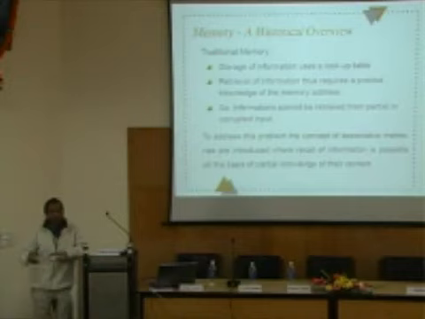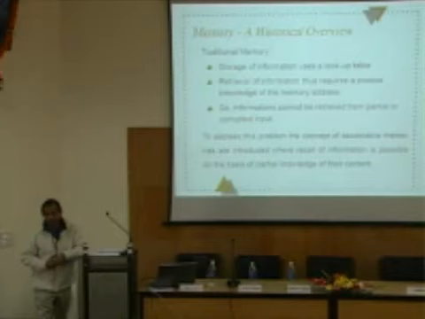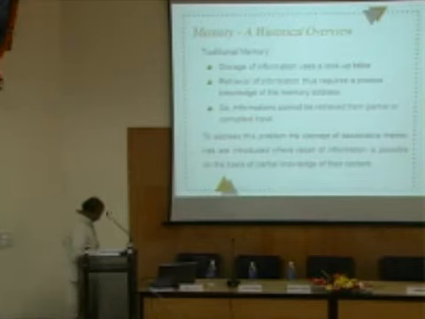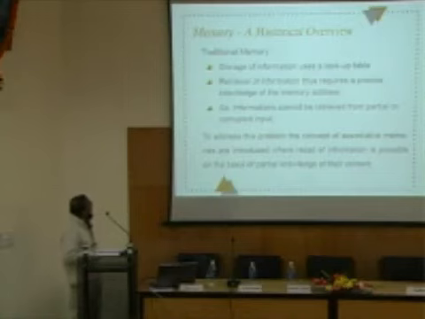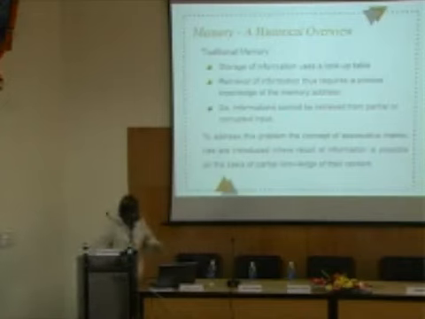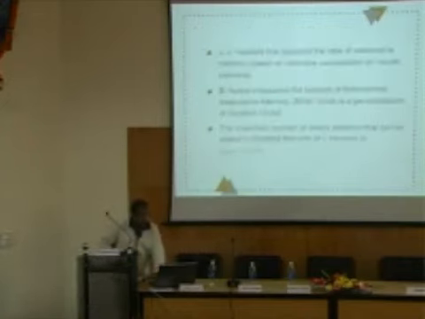So that means the capacity of the network goes on decreasing as you try to store more and more patterns in the Hopfield network. And that's why the problem of spurious patterns is pretty much there in the traditional Hopfield network.